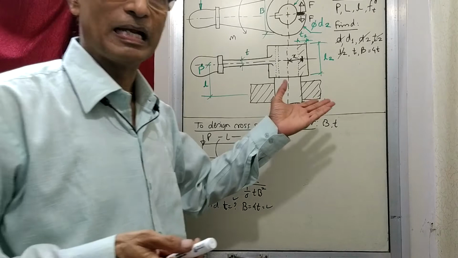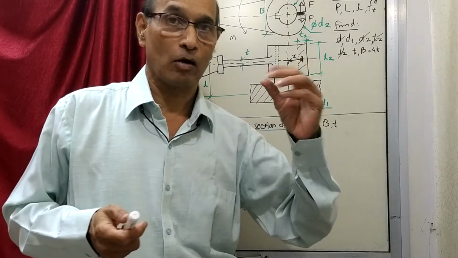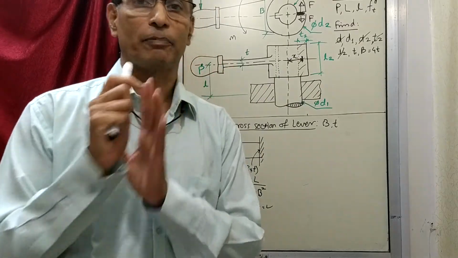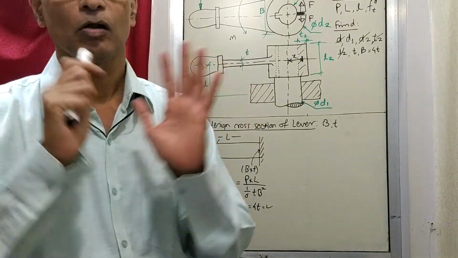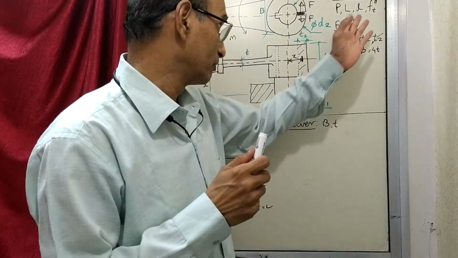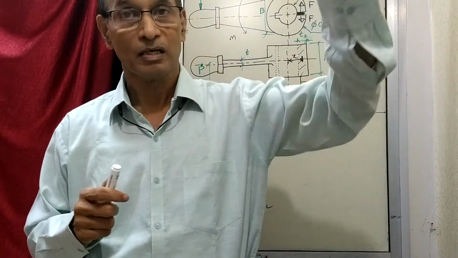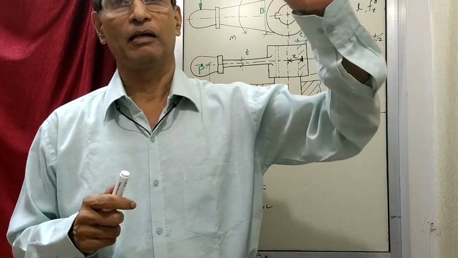You know, we have seen many times, we have done some adjustments, we have done rounding, etc. So that way the sizes keep changing, but then always they are on the safer side. So whatever we do, that is all on the safer side. First of all, this Ft design itself is obtained by reducing the actual value of stress by a certain amount by applying the factor of safety.